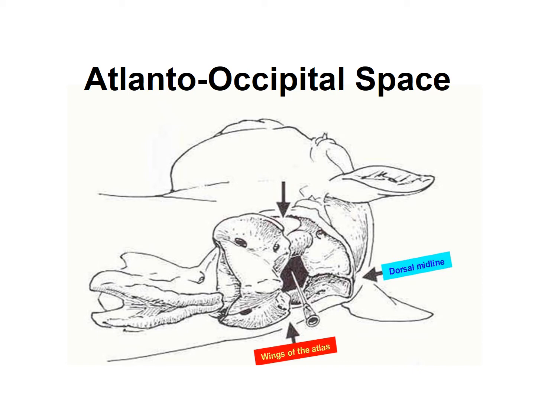This space is accessible cranial to the wings of the atlas on the dorsal midline. And usually when we do it, we have to flex the head, so we can enlarge the space and get more cerebrospinal fluid from there.